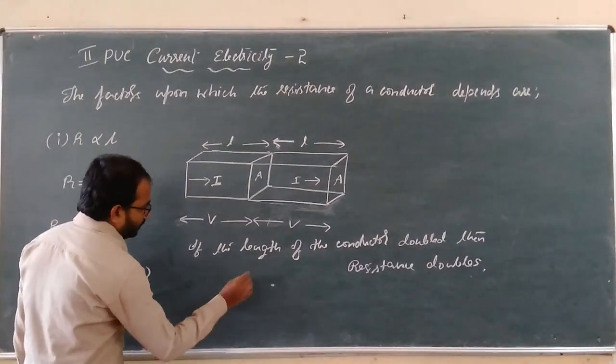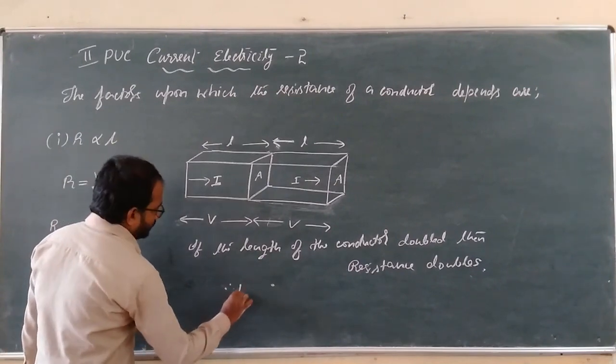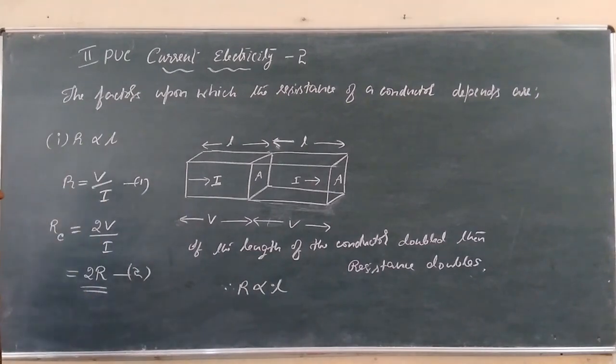Therefore, R is directly proportional to L. As the length of the conductor is increased, the resistance of the conductor increases, and if the length of the conductor is doubled, resistance doubles.